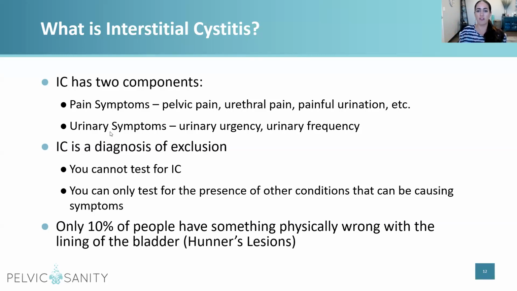Any sort of pelvic pain is one of them. And then urinary symptoms, which is urinary urgency, which is the kind of abnormal, really strong urge to go, like you absolutely cannot wait, sometimes even accompanied by incontinence, and urinary frequency.